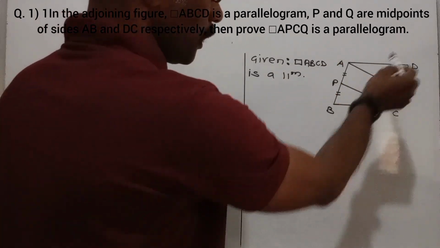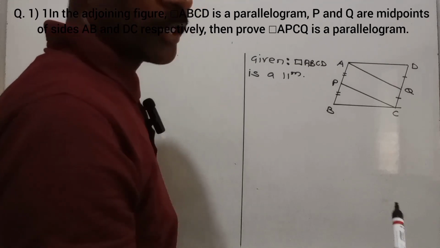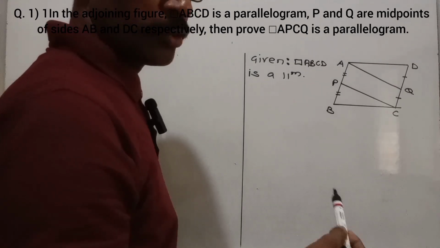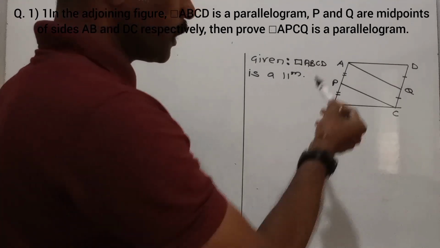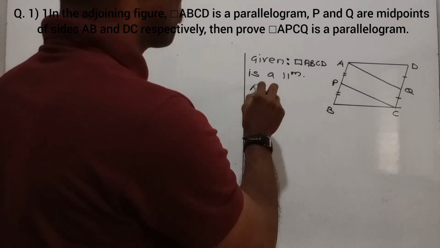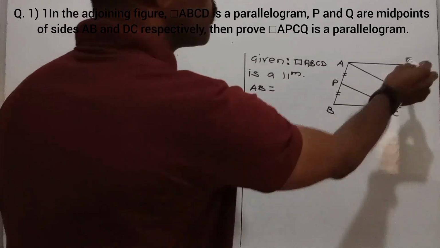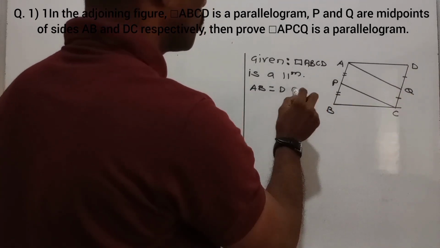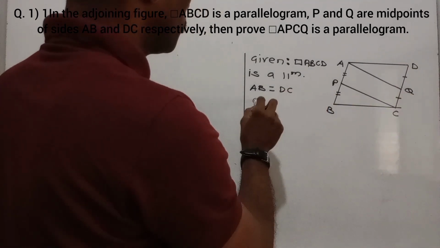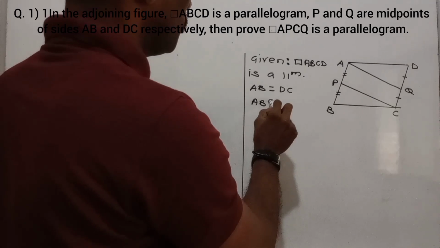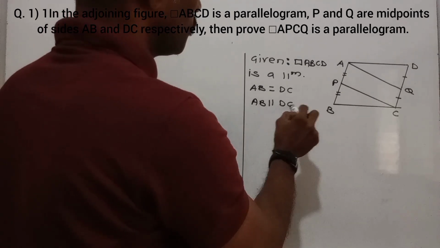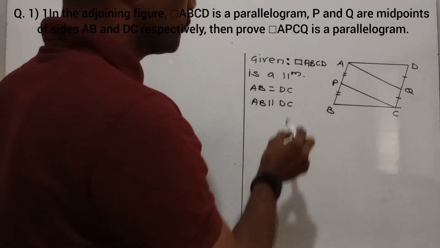Parallelogram means opposite sides are congruent and parallel. Opposite sides are congruent and parallel means AB is equal to DC and AB parallel DC. Did you get it?